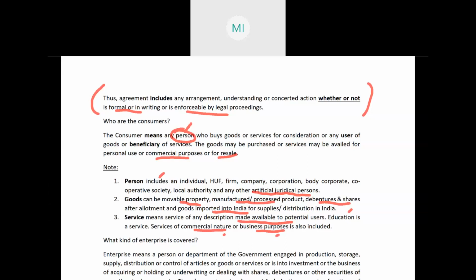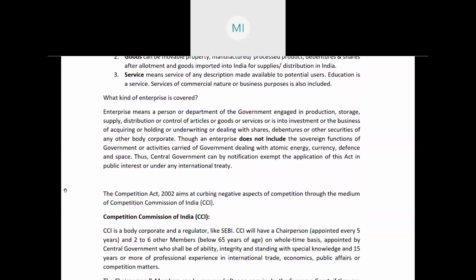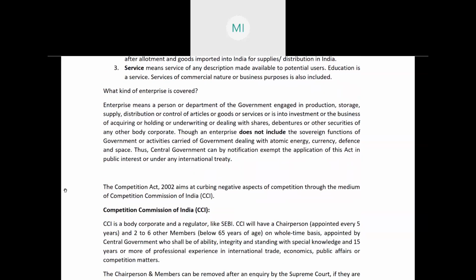Okay, so now we'll go into the definition of the term enterprise. Enterprise means a person or department of government. So even government departments are also included as part of the definition of enterprise, which does any kind of activity like production, storage, supply, distribution, or control of articles or goods or services, or also makes any kind of investments into shares, debentures, or any other securities.